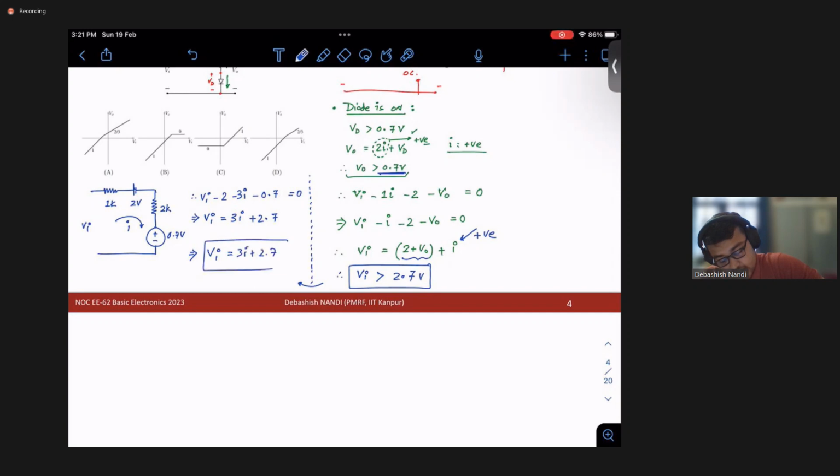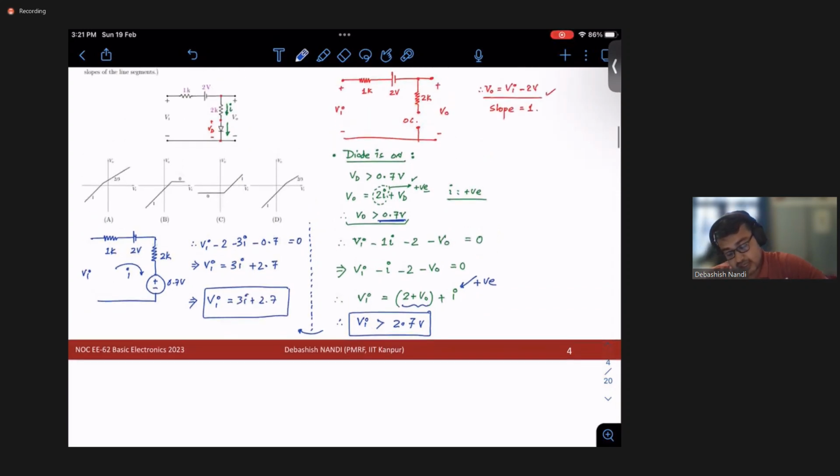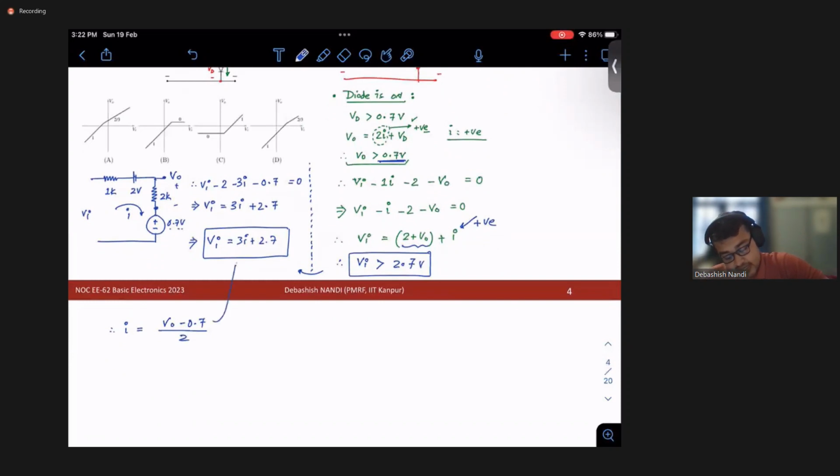Let's remember this. What is your I? You can write I as the same current flowing in this path, right? And this is your V naught. This voltage is 0.7. So the voltage drop across this is V naught minus 0.7, divided by 2, right? Let us replace it here.